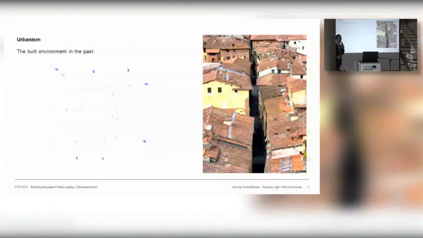And as we can see, mainly they were built around 2 body elements. So the first element was the feet that allowed people to walk linearly and go across the city, and they built streets to go across the urban space.